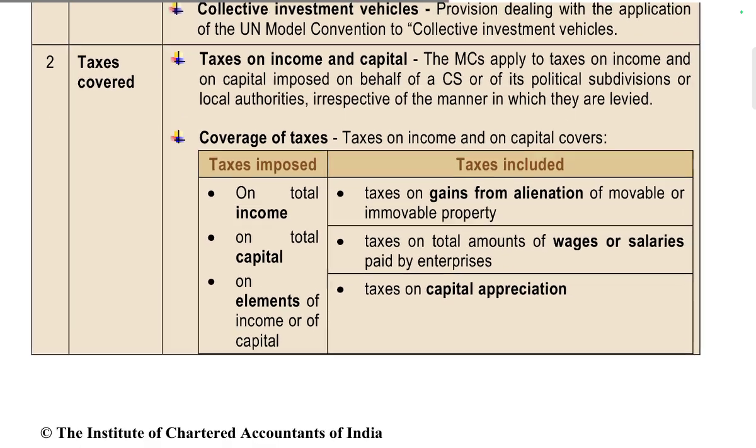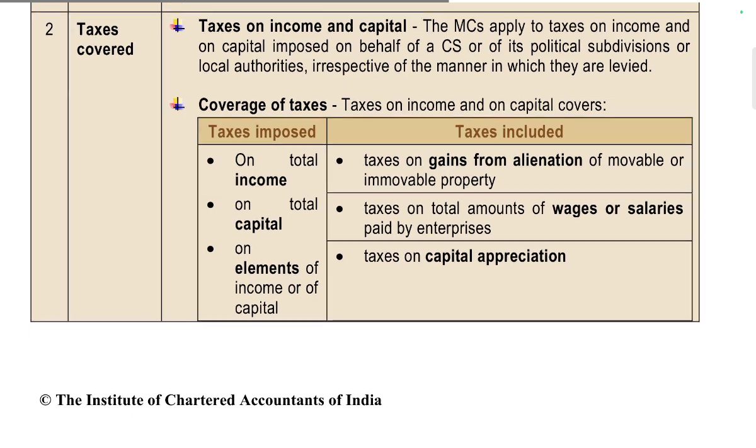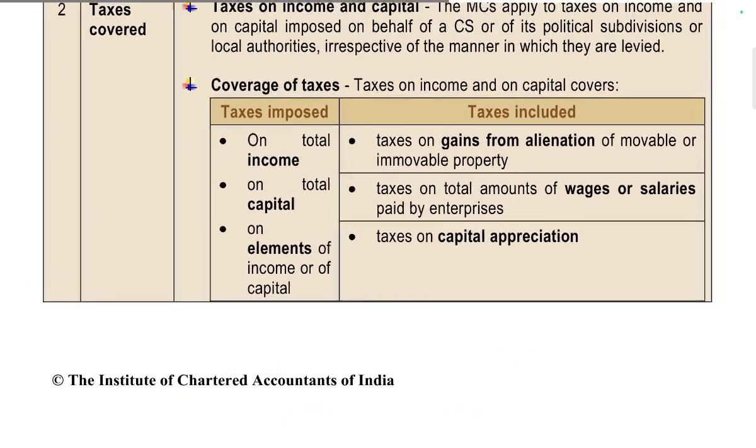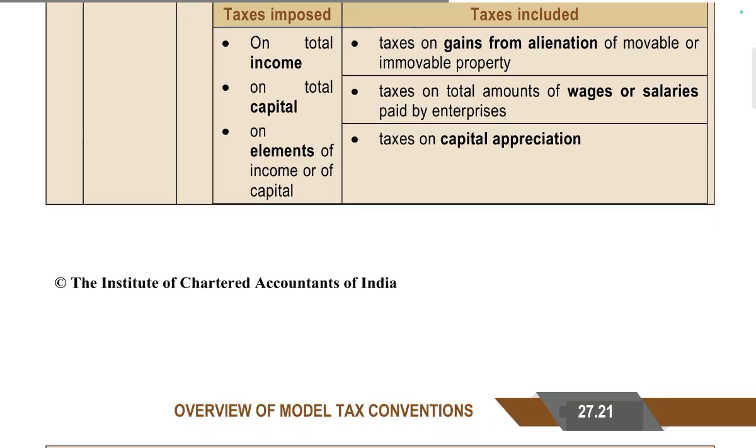Coverage of taxes on income and or capital, taxes imposed and taxes employed. Taxes imposed include taxes on total income, on total capital, on elements of income or capital, taxes on gains from alienation of movable or immovable property, taxes on the total amount of wages or salaries paid by enterprises, and taxes on capital appreciation.